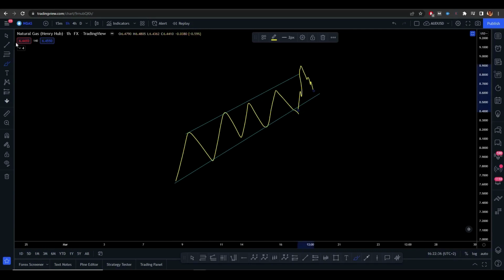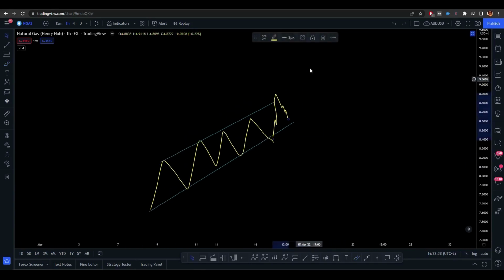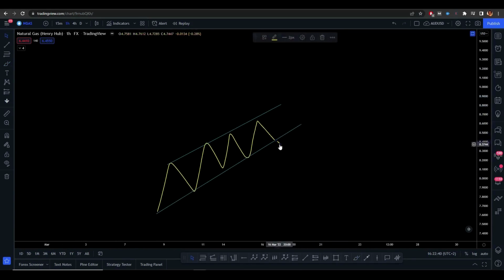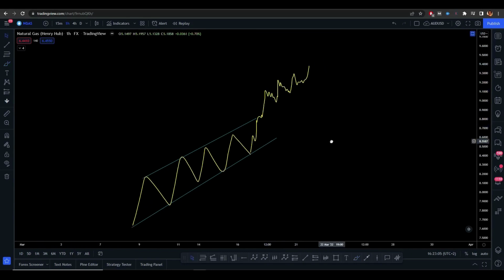So let's take a look at yet another example here. So we have this trend channel and the price comes up and breaks out of this return line up here, and in doing so it starts trending up here and creates a new channel up here above the return line.